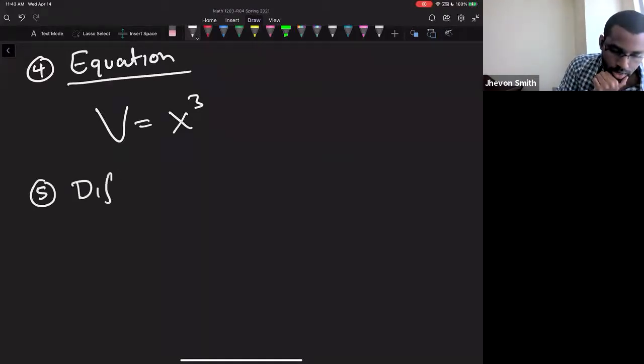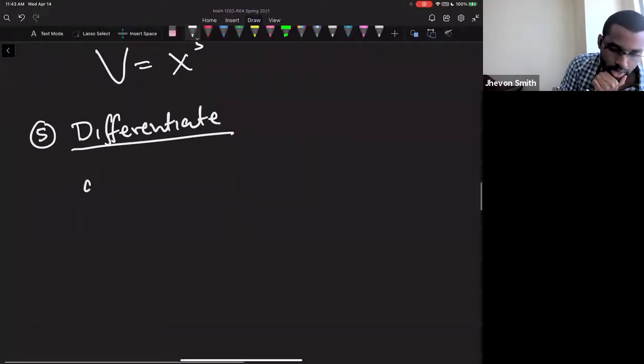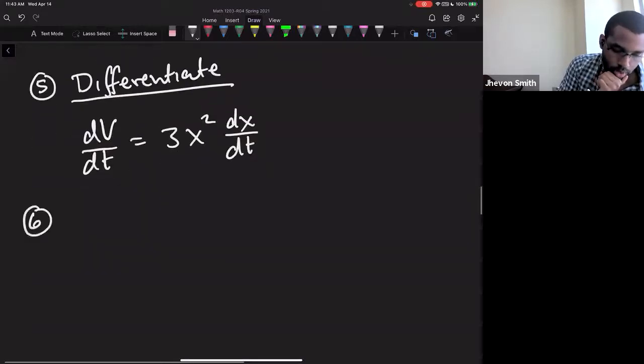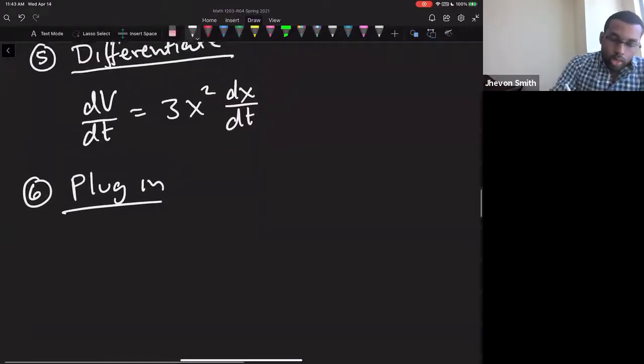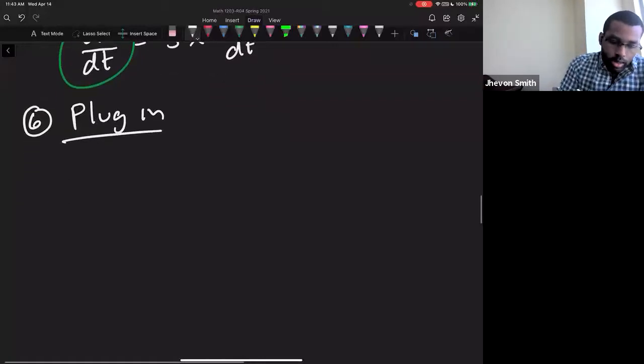5, we're going to differentiate. The differentiation is implicit with respect to t always. So this is dV/dt equals 3x squared dx/dt. We're going to get to the point where we plug in. The dV/dt is the guy we want.